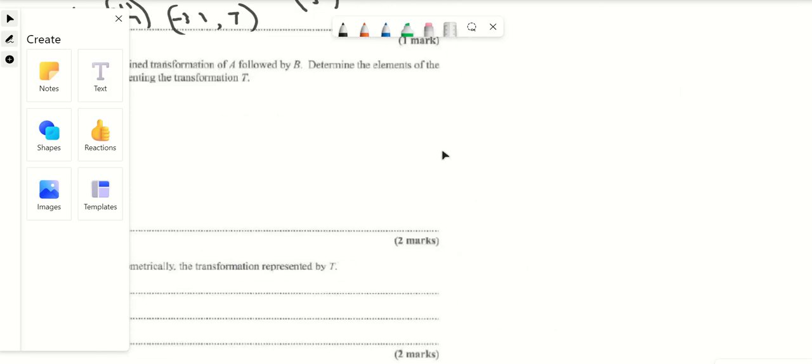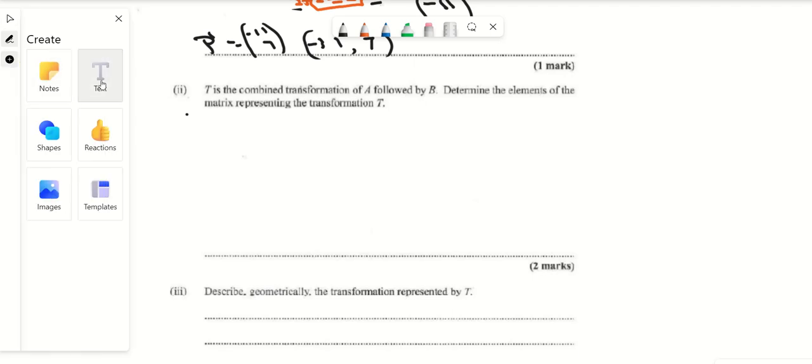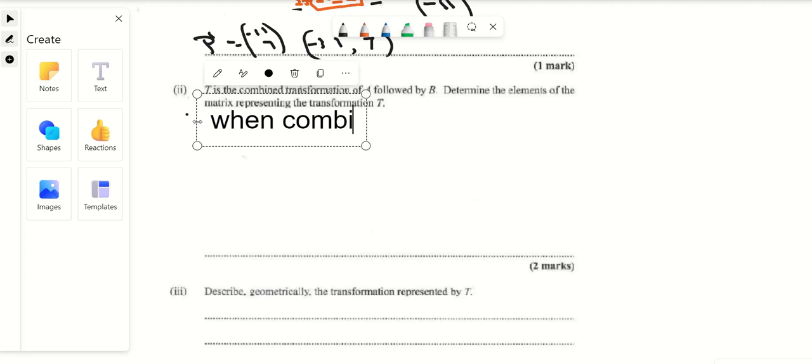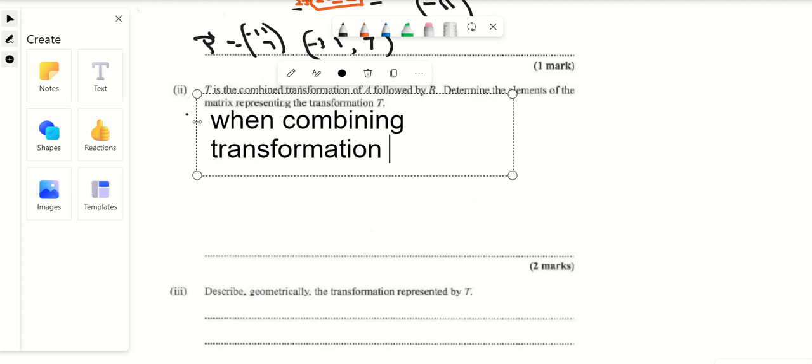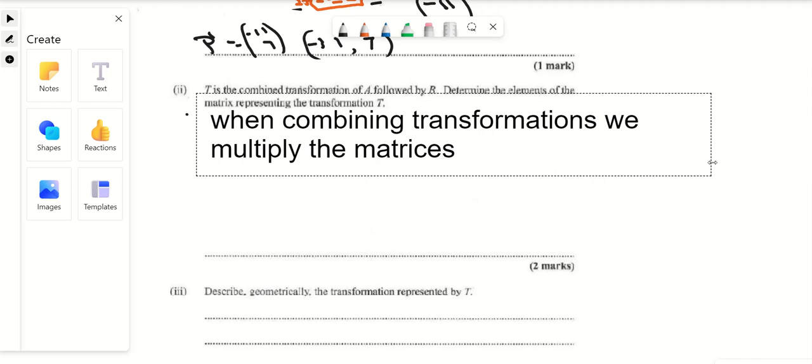When combining transformations, we multiply the matrices.